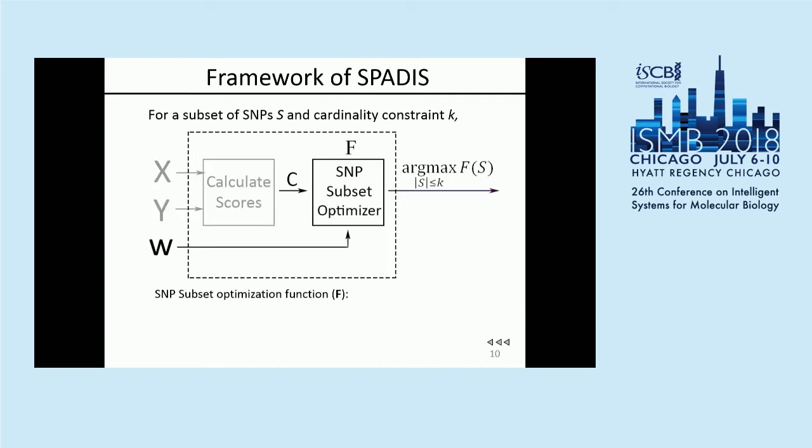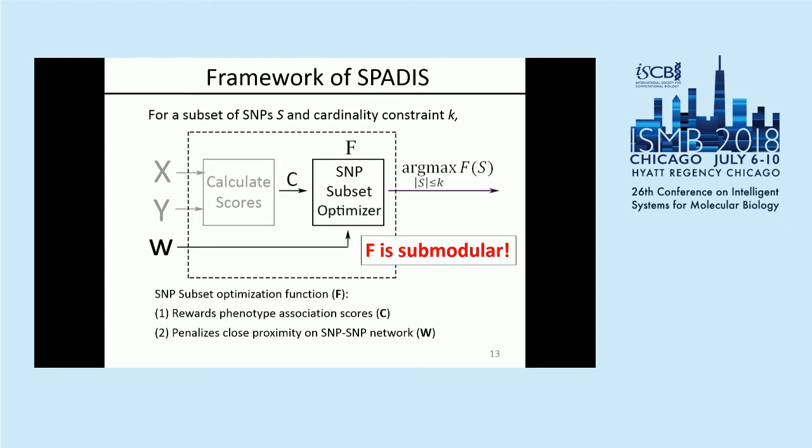In the second stage, SPADIS operates with a cardinality constraint and selects a SNP subset, while rewarding phenotype association scores in an additive model and penalizing close proximity on the SNP network. Our optimization function that achieves this has some useful properties that we can utilize, such as submodularity.